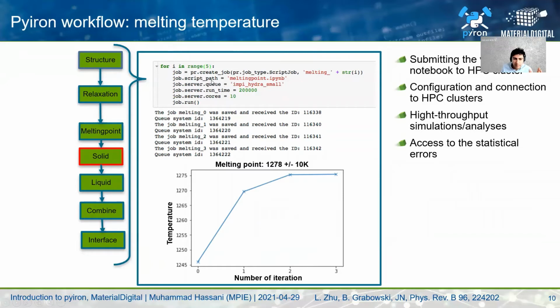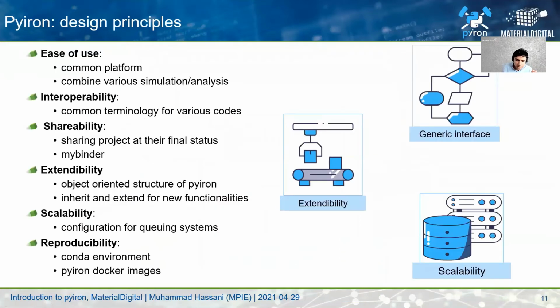So one can simply give the path to the notebook, define the queue in the HPC cluster that you want to submit the job to, the runtime, and the number of cores, and simply job.run. Here you can see the result of the workflow, where the melting temperature is given as a function of the number of iterations.